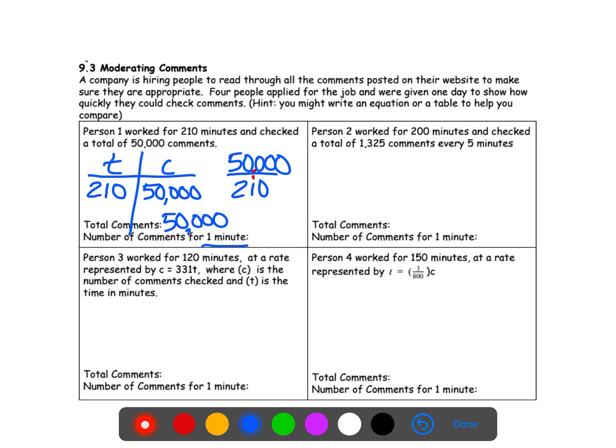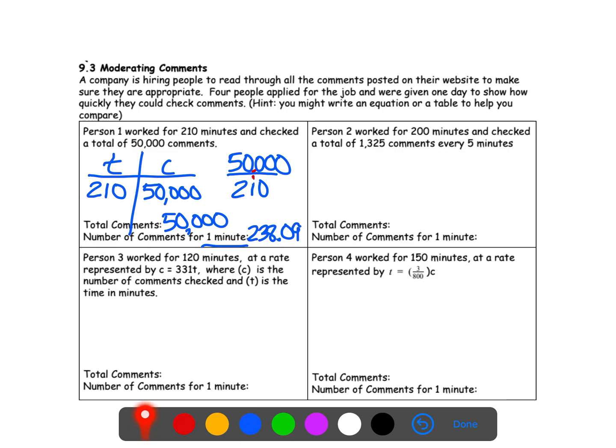But when I divide that to get my unit rate, also my constant of proportionality, that's going to be 238.09 comments every minute. All right.